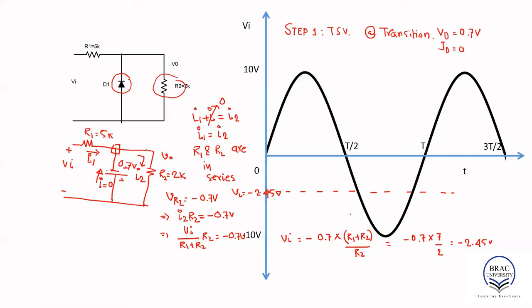And we already learned that the transition state line tells us the range of input signal for which the diode is on, and the range of input signal for which the diode is off. So the question is, for which range the diode is on, and for which range the diode is off.